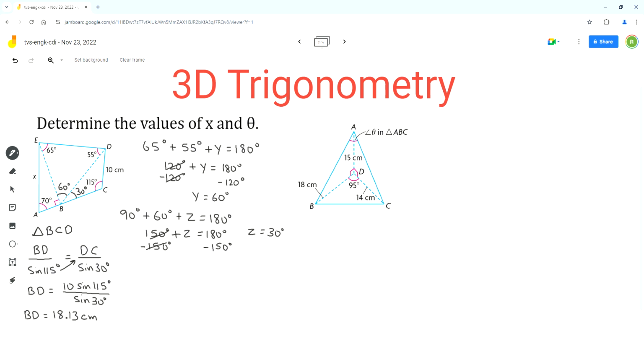Now we can use this information to find the length of side BE, because side BE is common to triangles BDE and ABE. We can use sine law to find the length of side BE.